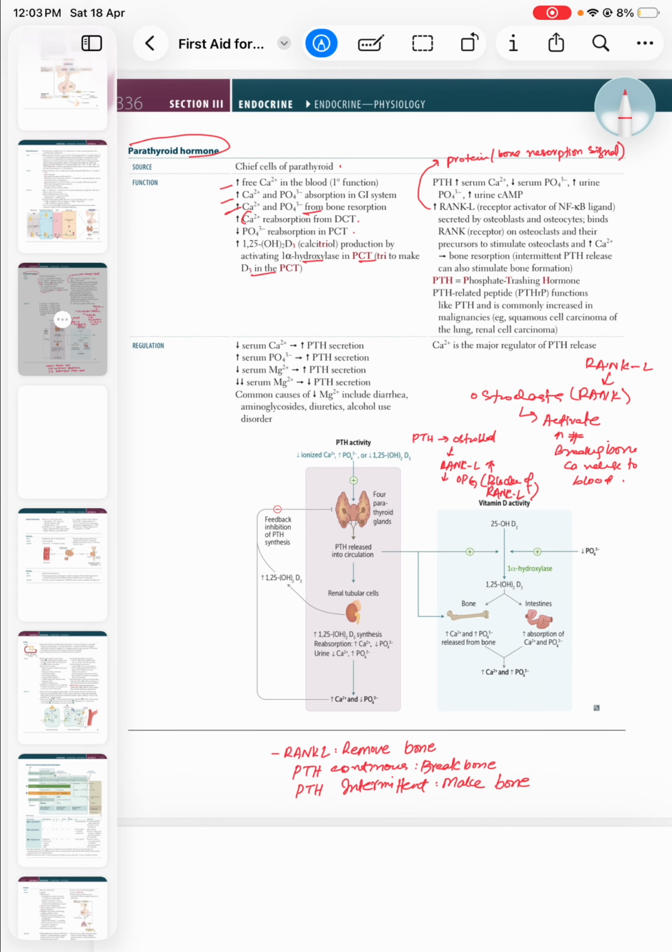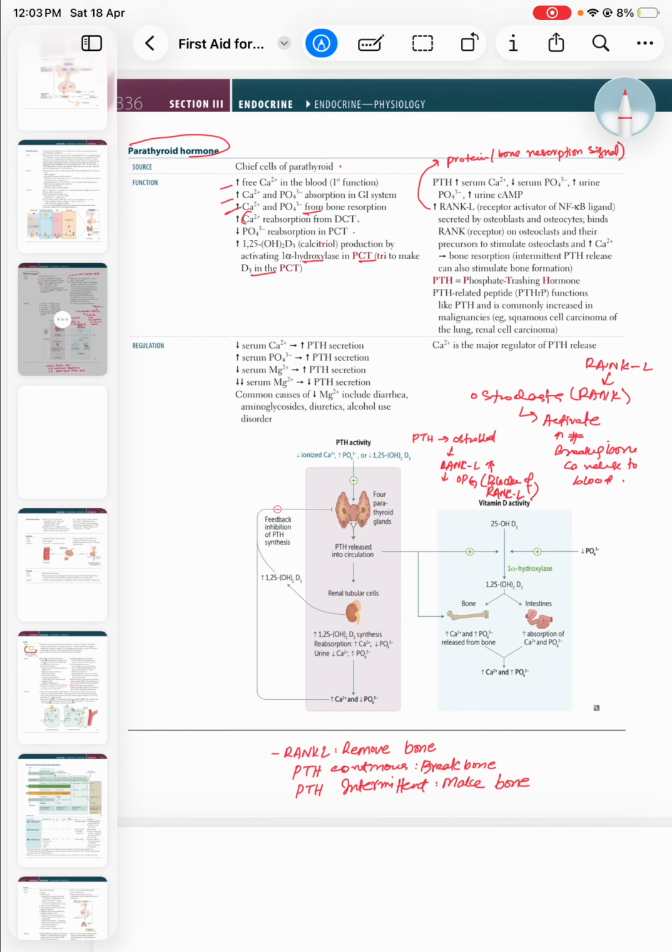Okay, so simply, we have discussed the functions of the parathyroid hormone, what it does. It increases calcium absorption in the GI system. The calcium level is increased in the blood by parathyroid hormone, and its absorption in the GI tract is increased by the parathyroid hormone. Also, phosphate absorption in the GI system is increased by the parathyroid hormone. Then the calcium and phosphate resorption from bone is increased by parathyroid hormone.